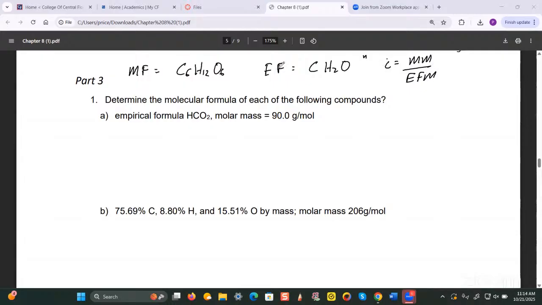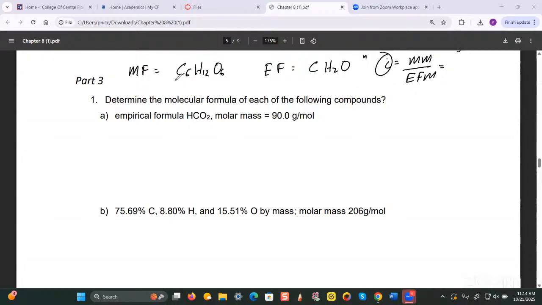Now, the molar mass is what you get when you add up all the molar masses of all the atoms present in the formula, right? While the empirical mass is basically the same thing, but you're applying that same idea to the empirical formula, right? Now, the thing about it is that the molecular mass divided by the empirical formula mass will give you an integer, right? That's why it's called the integral factor, right? And that integer could be literally any whole number, 1 through whatever, all right?